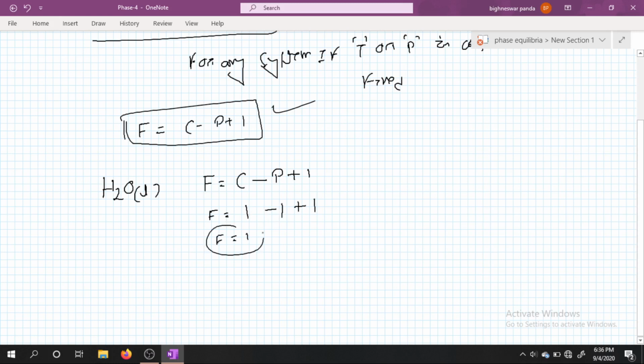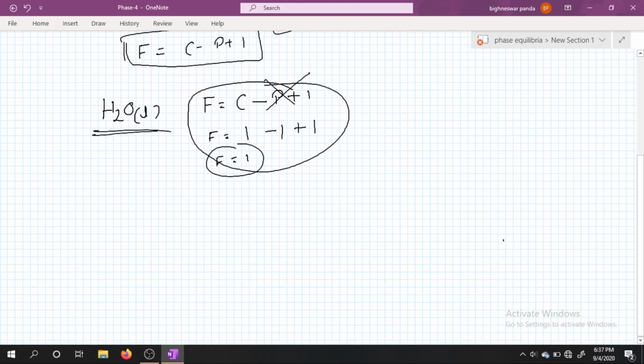Here F is equal to 1. Sorry, this is wrong. I put the wrong formula here.